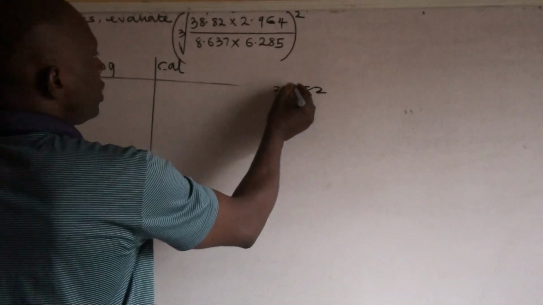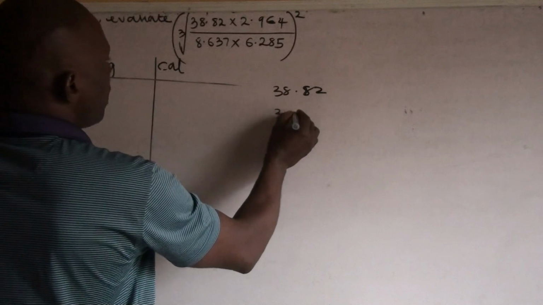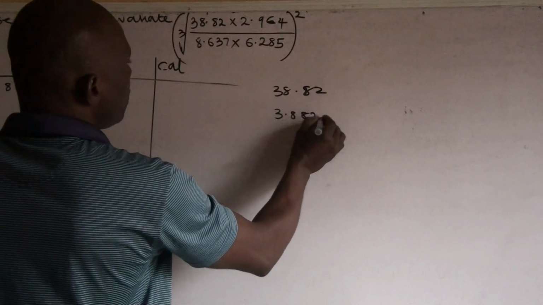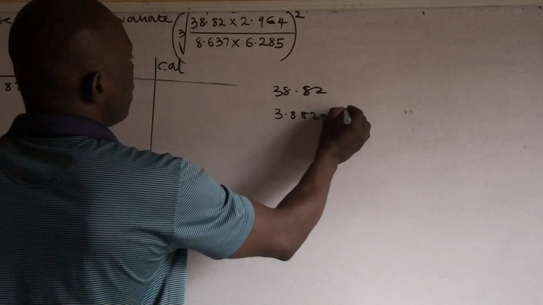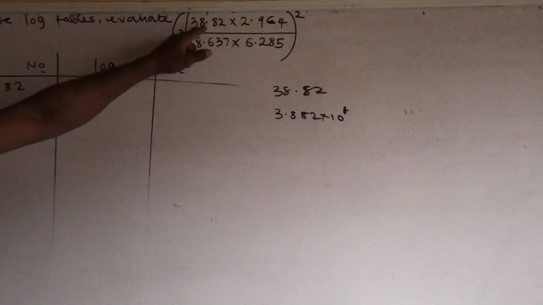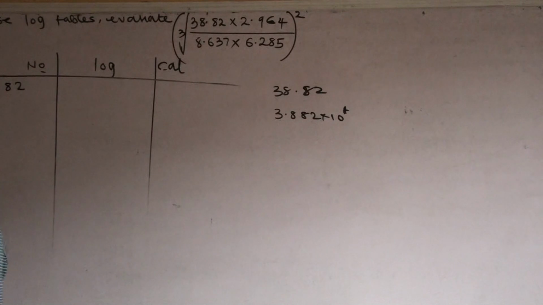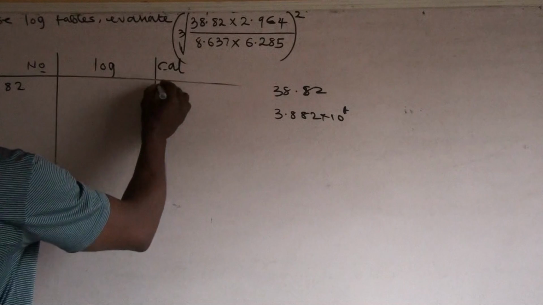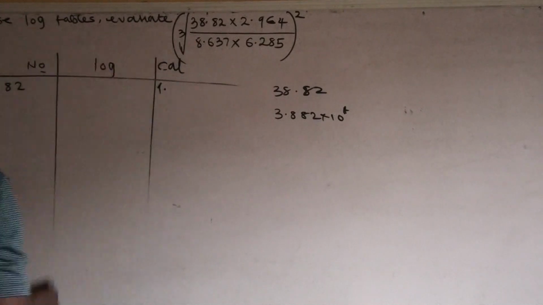That means this will become 3.882 times 10 raised to power 1. So for this number, 38.82, the characteristic is 1.